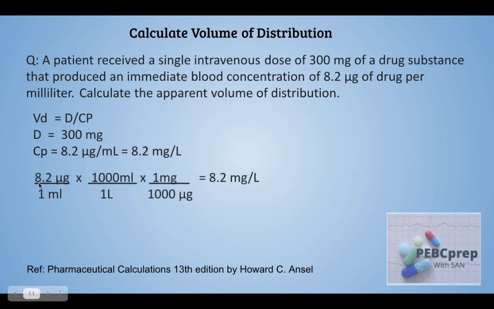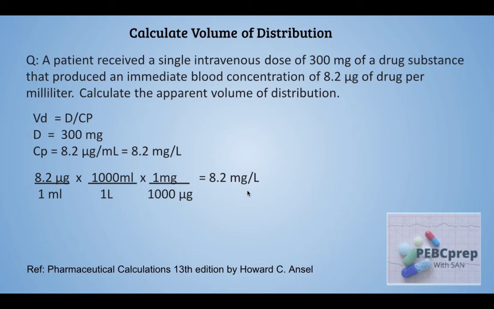We had 8.2 microgram per milliliter. In 1 liter we have 1000 milliliters, and then in 1 milligram we have 1000 micrograms. So this microgram cancels out with this microgram, this milliliter cancels out with this milliliter. When we calculate everything, we got 8.2 milligram per liter.